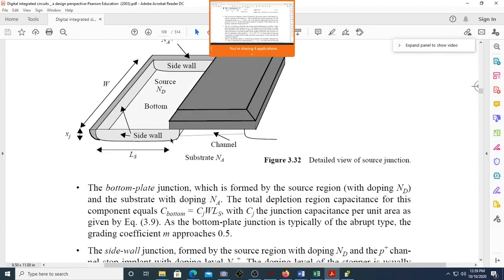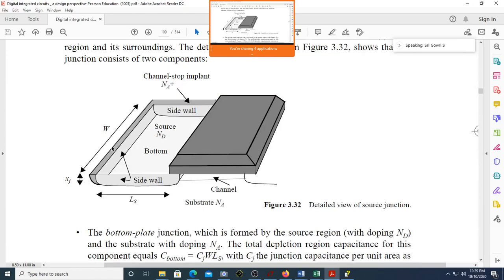What are the side walls here? This is one side wall, this is one side wall, this is third side wall. Why are we not considering the other side wall here? We are not considering this side wall because that will be helping to form the channel. There'll be no junction capacitance here. Junction capacitance is there in this side wall, and this side wall.